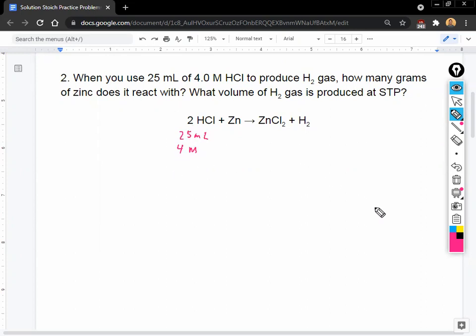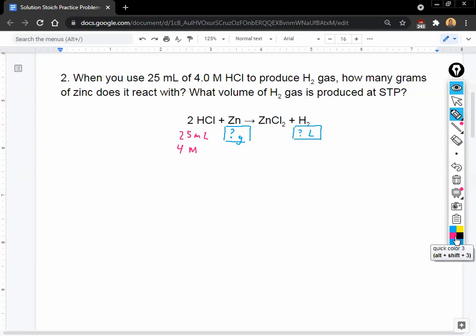Then it's asking how many grams of zinc does it react with? So at the very end, you want to find grams of zinc. It's also asking what's the volume of H2 gas produced at STP. So you're also looking for liters of H2. So you're looking for 2 different things in this problem.